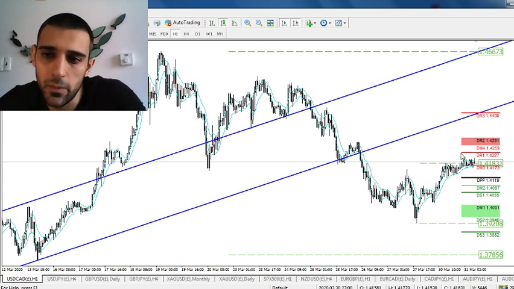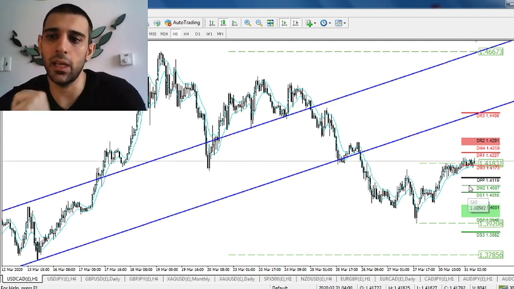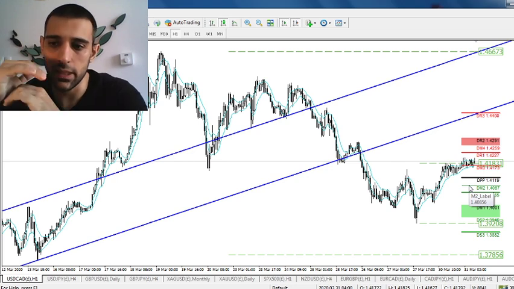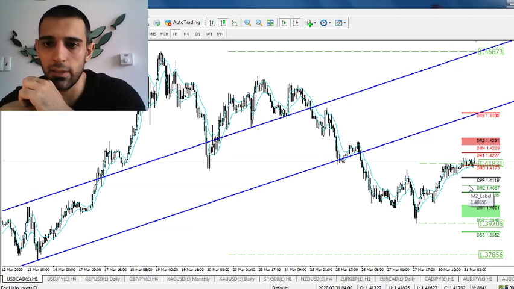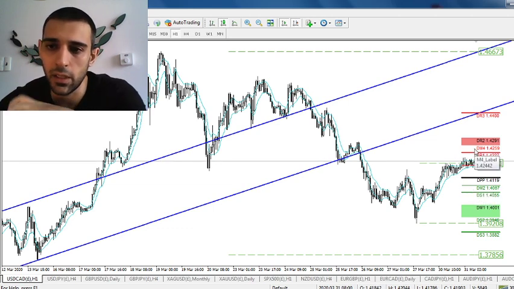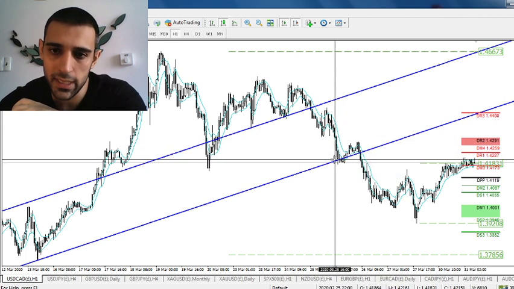If the price comes up and has a reaction on this daily R1, but I want to see a strong bullish candle, and if it closes that way on this hourly chart, it has about 40 minutes to do that, so it can definitely do that, if it comes up and closes strongly bullish, and if it retraces after that.